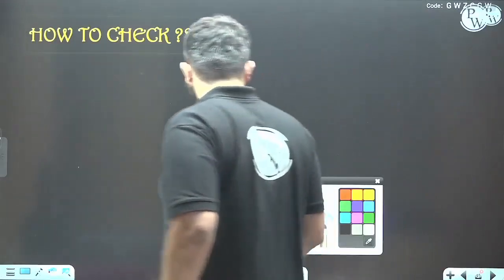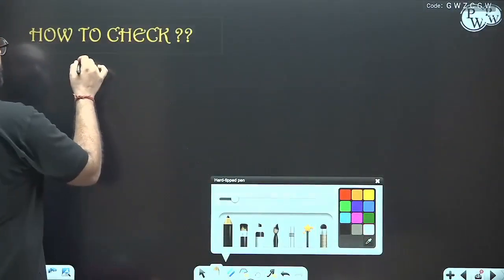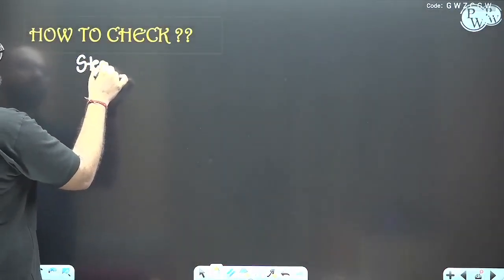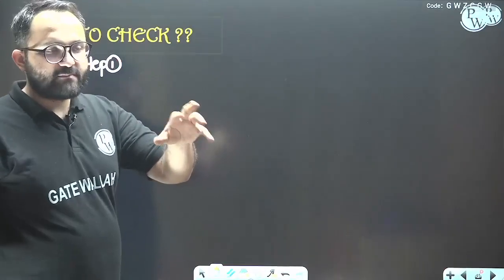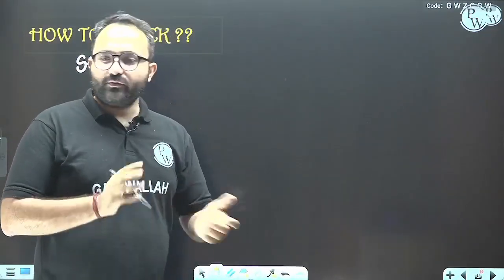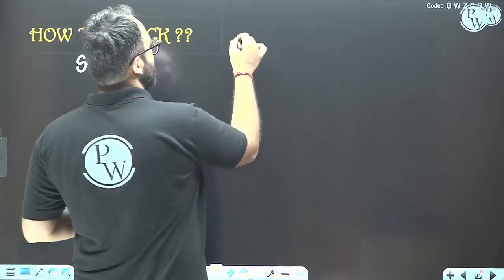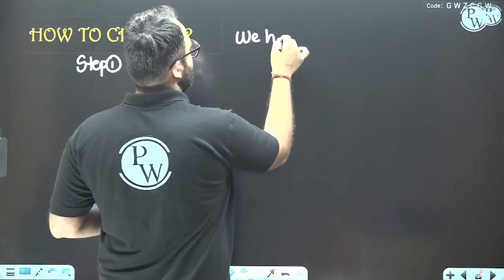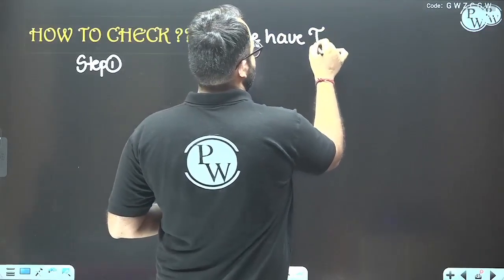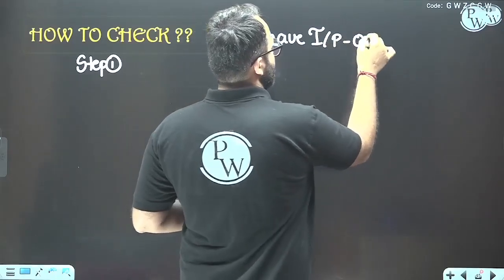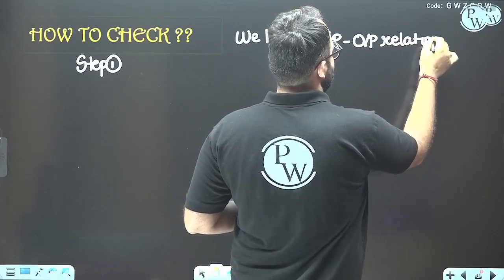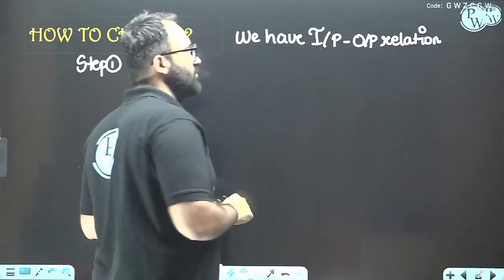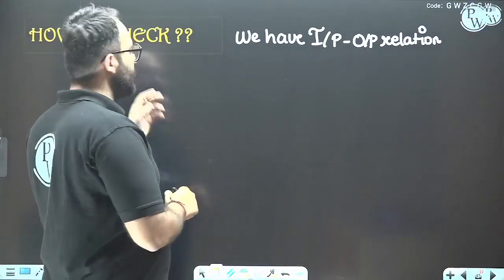What is the method? The method is very simple. Step number 1. What is the type of question? We have the input output relationship, and we have to find out the type of system.